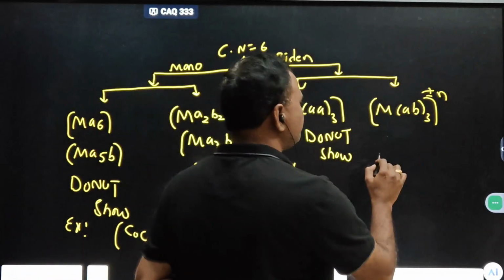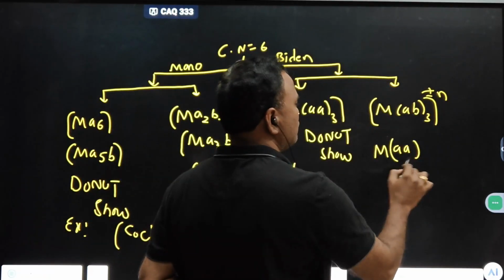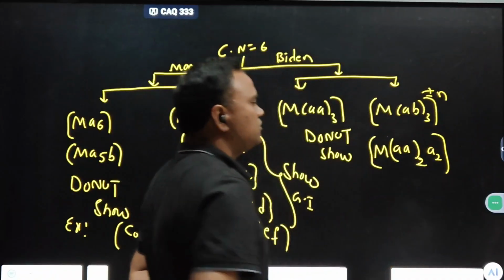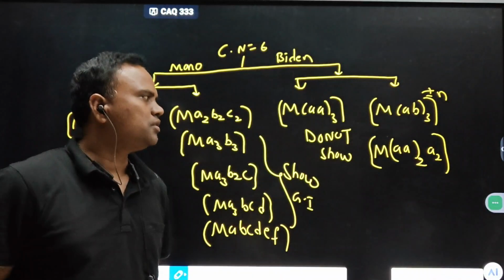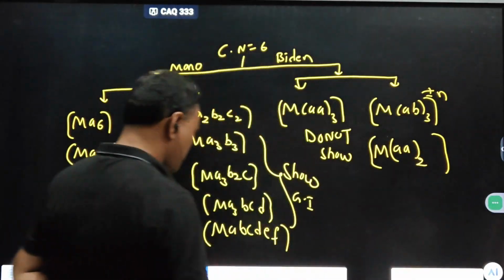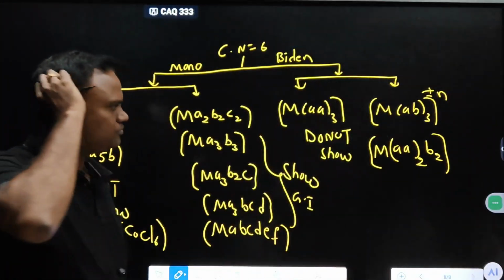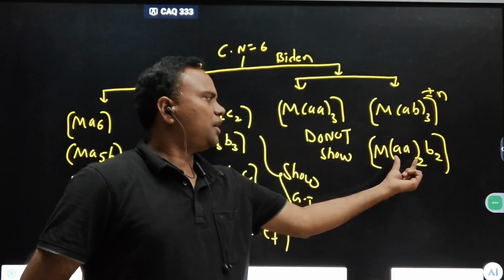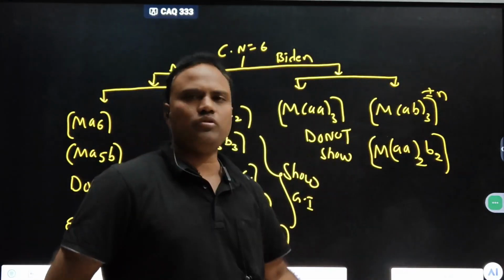And MAA, two bidentate ligands and two monodentate ligands. MAA taken twice, B2, or A2, you can take A2 also. AA is bidentate. This is monodentate.